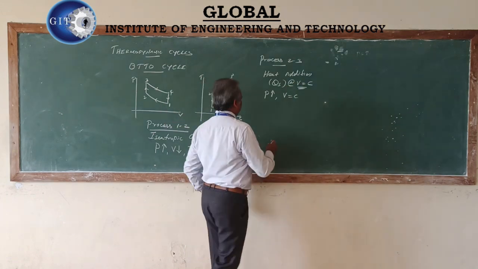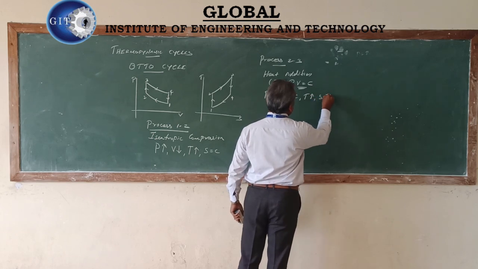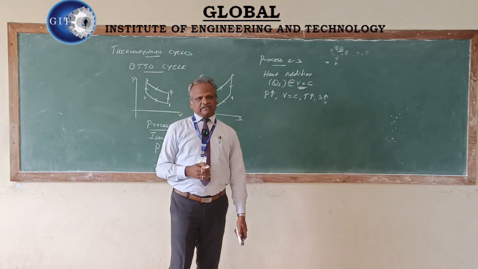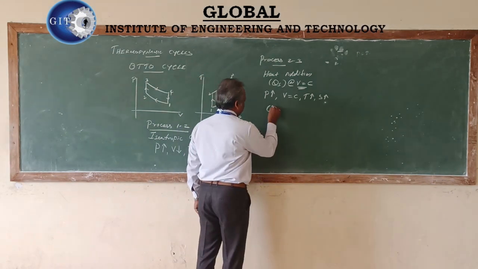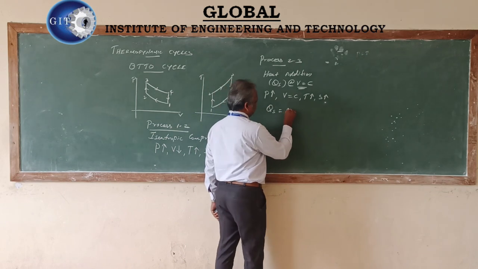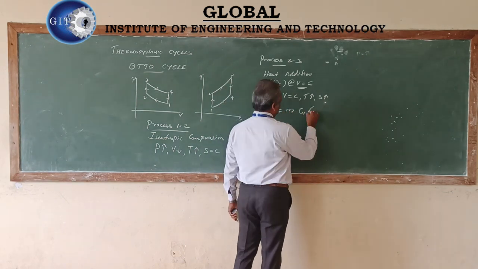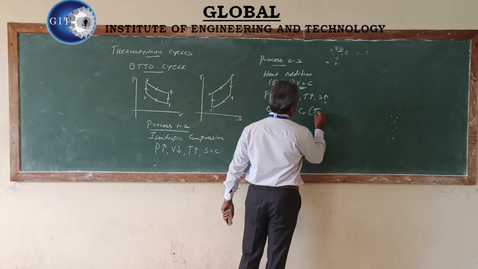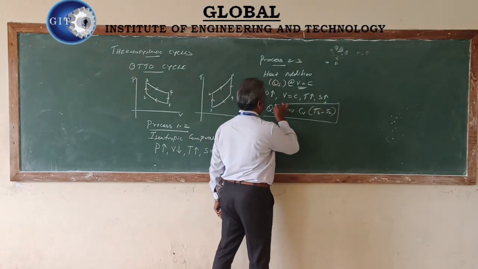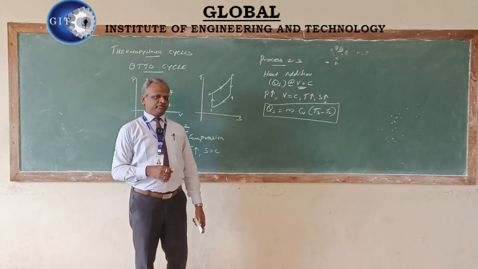Pressure increases, volume is constant, temperature obviously increases, and entropy also automatically increases. If heat is added, we know that entropy will increase. Mathematically, we get the value of Qs as m into Cv, the specific heat capacity at constant volume, into the temperature difference T3 minus T2. So these are the characteristic changes happening in the process 2 to 3.